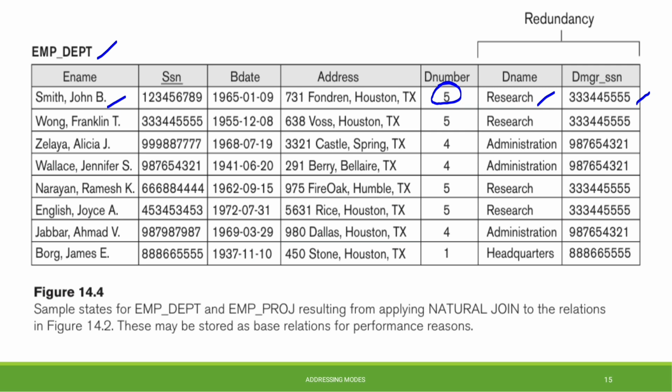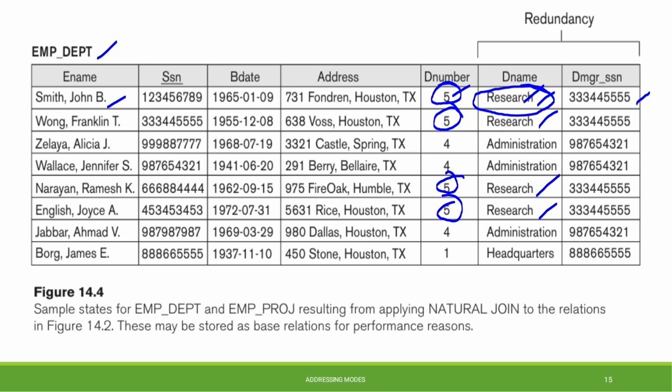For any reason if this department name is changed, that will be the department name of department number 5. So wherever department number 5 is there, the department name has to be corrected, which should be the same as this. Otherwise, in multiple places there are multiple values for the same department name, which leads to inconsistent data.